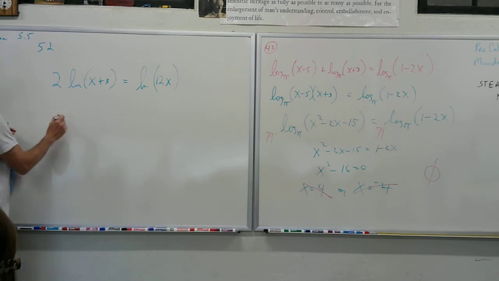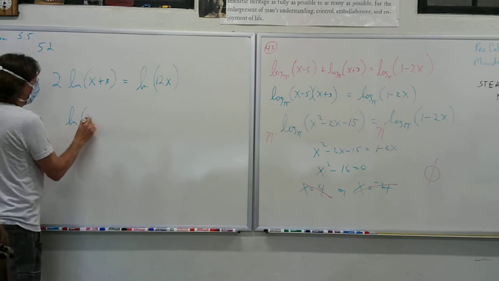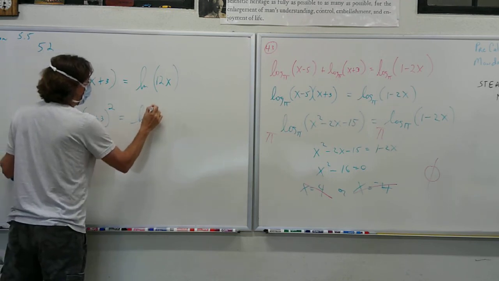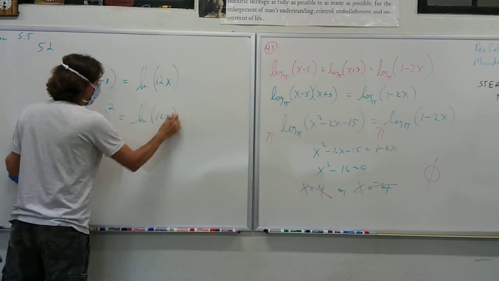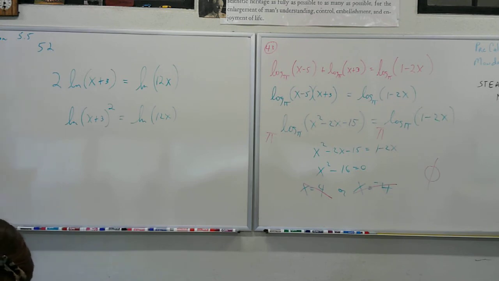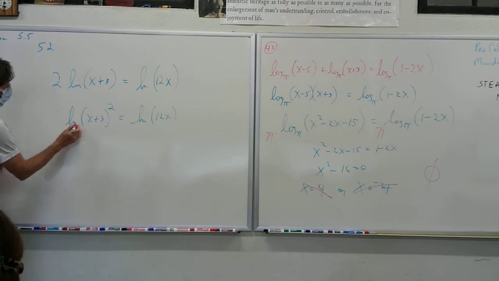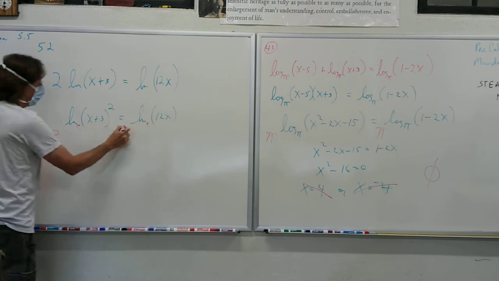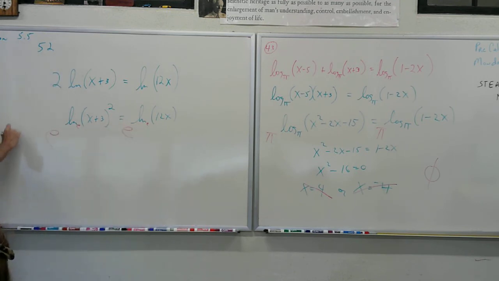So what I'm going to do is move the 2 back in and make it a power. What's understood to be right here is understood to be a little e, right? So I need a big E, using Rule 5. And I get (x plus 3) squared equals 12x.